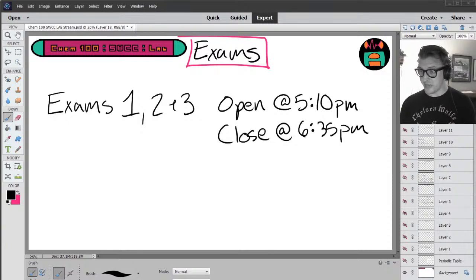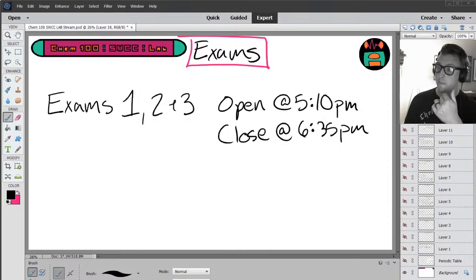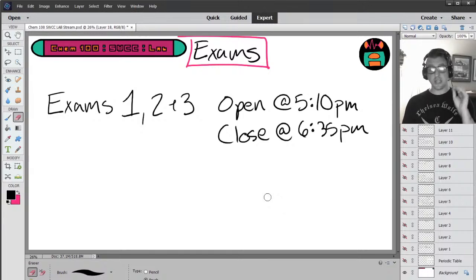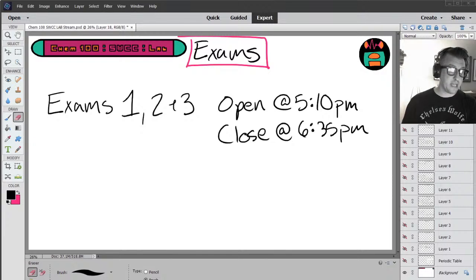You can look up these specific dates for these exams on Canvas, but that is something you should be aware of. With lecture, you can watch the videos at any time. For these exams, they'll only be offered on their exam date between this open and closing time. That is the only time they will be available to take.